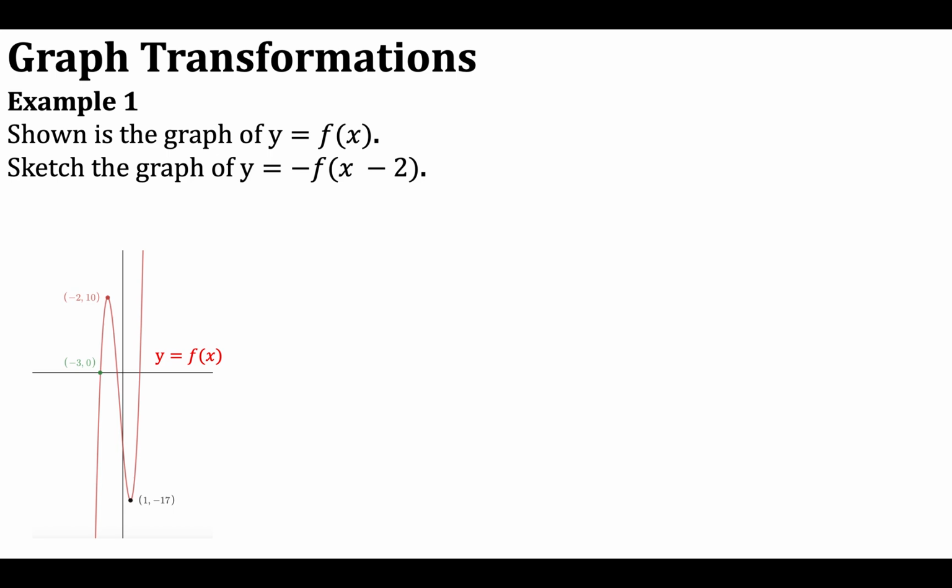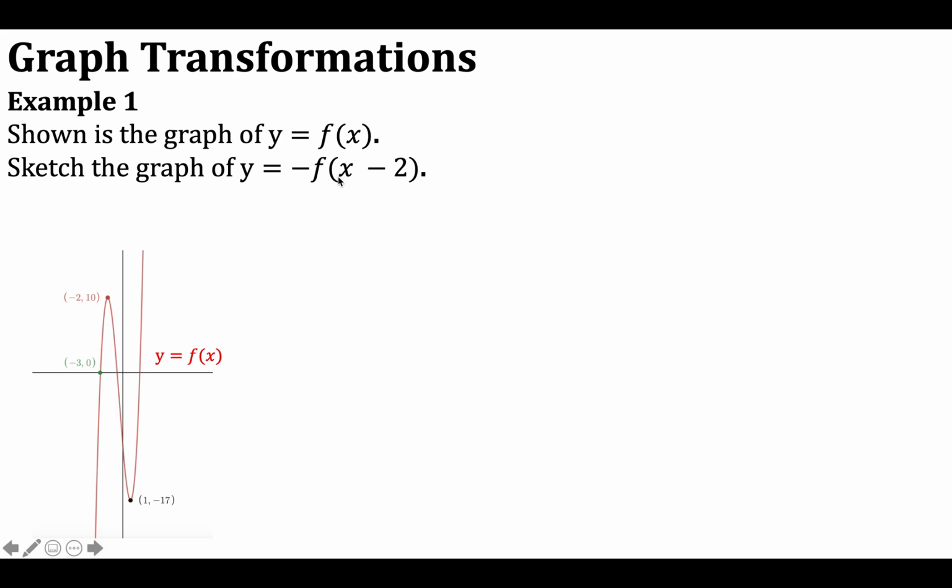For these two things going on here, we need to remember our order of operations. The order that we calculate things in normally, if we were dealing with a numerical example, would be brackets first, then multiplication and division, and then addition and subtraction.